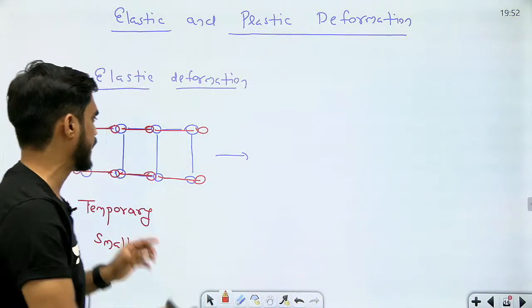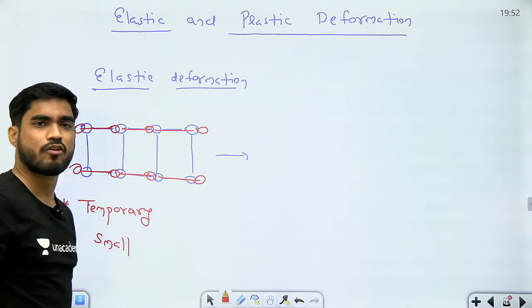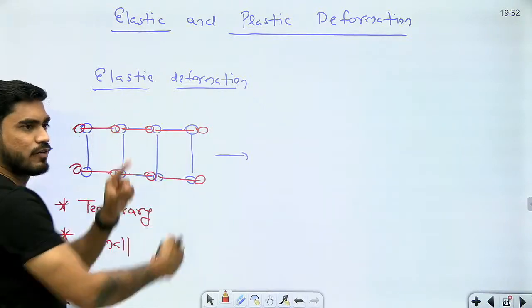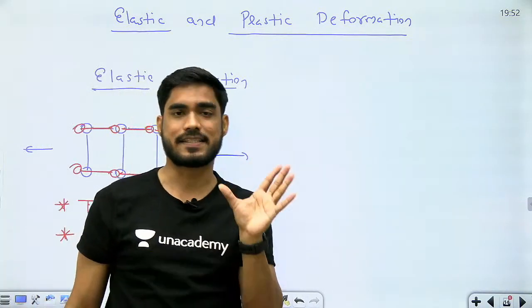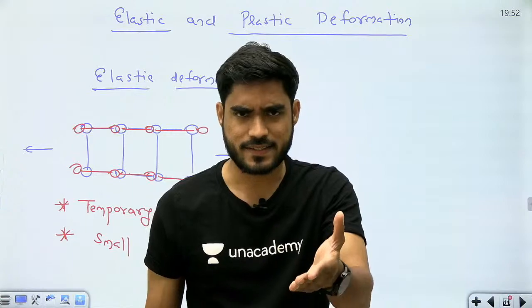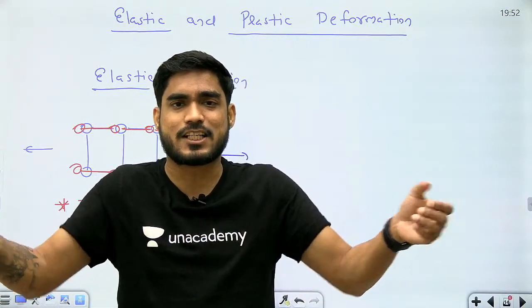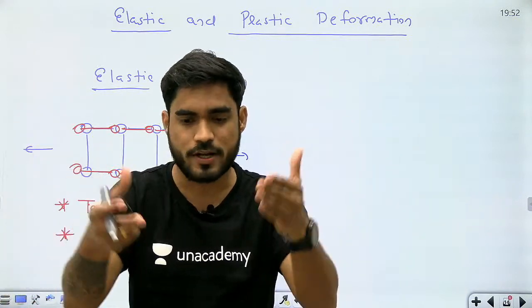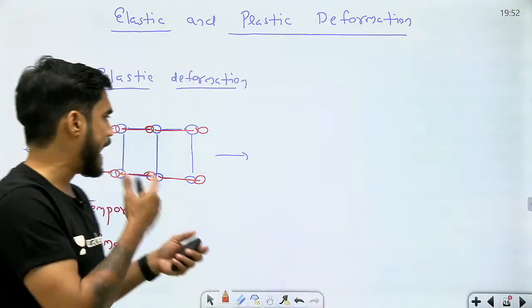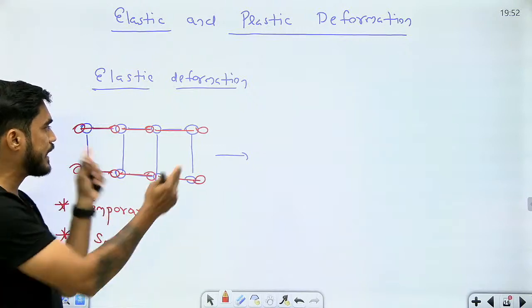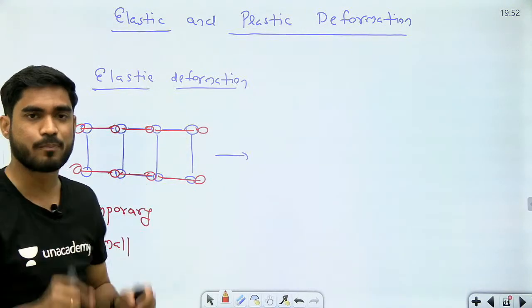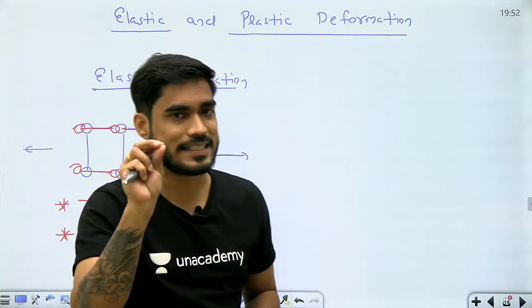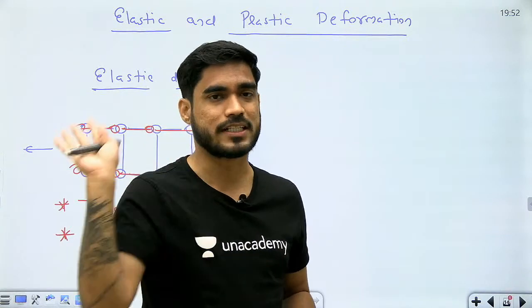Why it will be temporary? Because the moment I remove my load, these bonds will again regain their size. They are like springs. If you stretch a spring, it is going to elongate, but as soon as you remove the load, it is going to come back. Just like that, if I remove my load, the atoms will come back to their original position. So this deformation is temporary and this deformation is small.